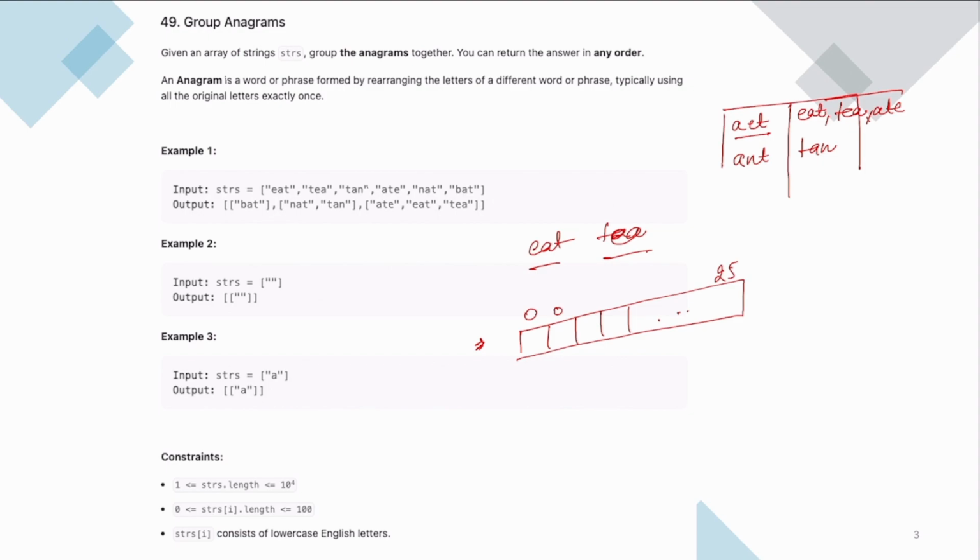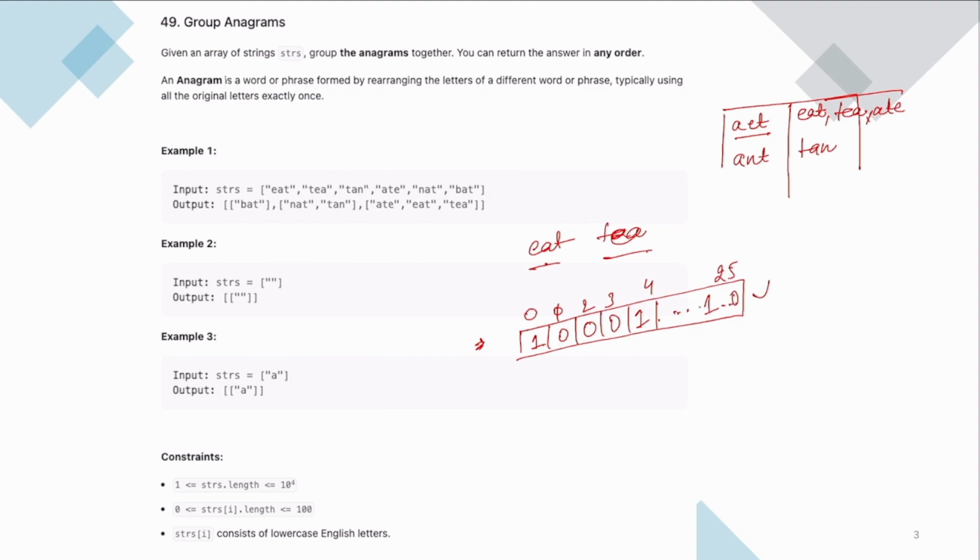So you will keep the frequency of characters here. So A is coming once, so A will be 1, then B is 0, then C is 0, D is 0, and E is 1, following up with T is 1, and following up with Z is 0.